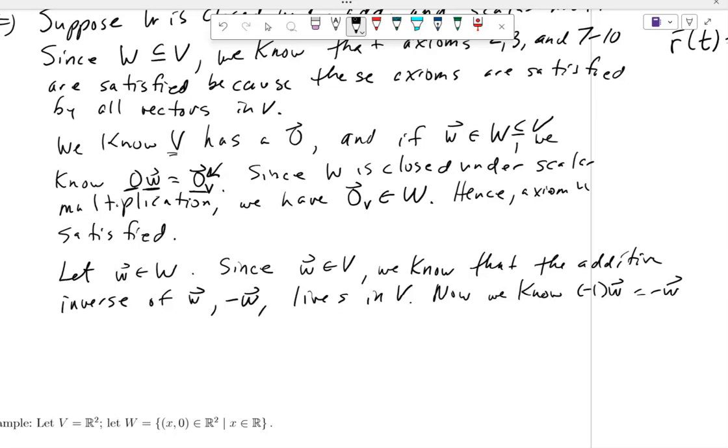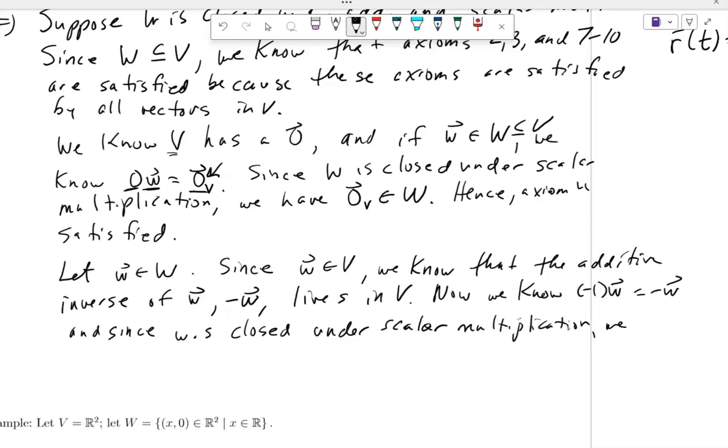And since W is closed under scalar multiplication again, we have that negative w is back in W again.